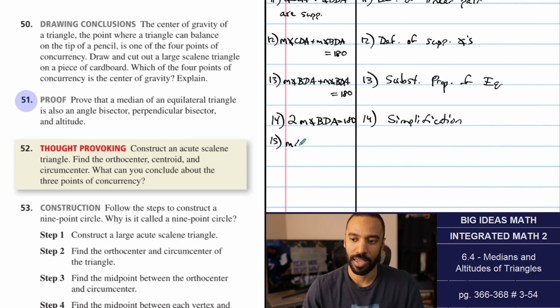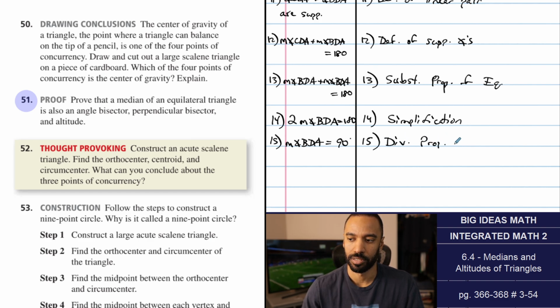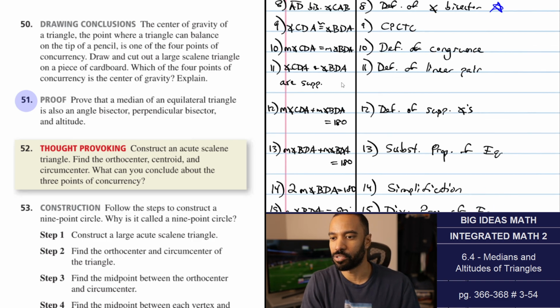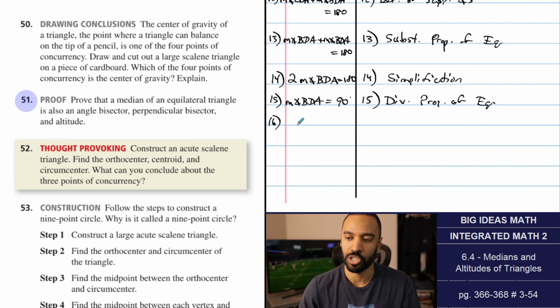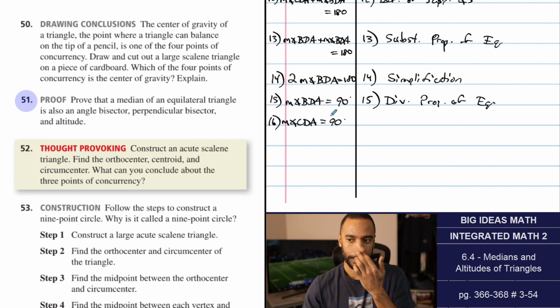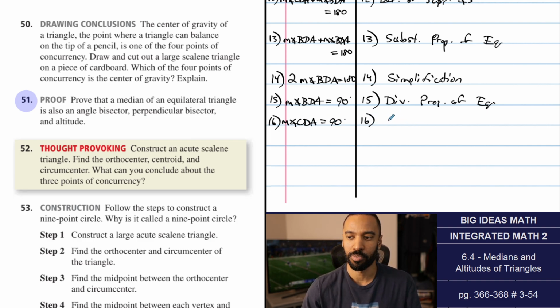Now measure of angle BDA is 90 degrees. That is division property of equality. Divide both sides by 2. Because the measure of angle CDA equals the measure of angle BDA, then the measure of angle CDA also equals 90 degrees by the transitive property of equality.